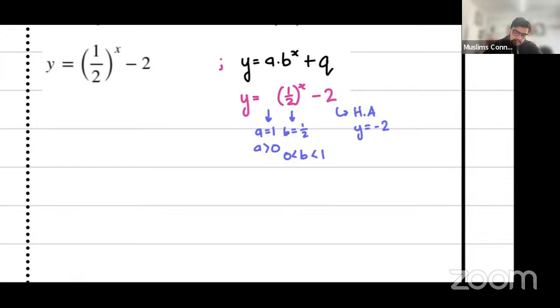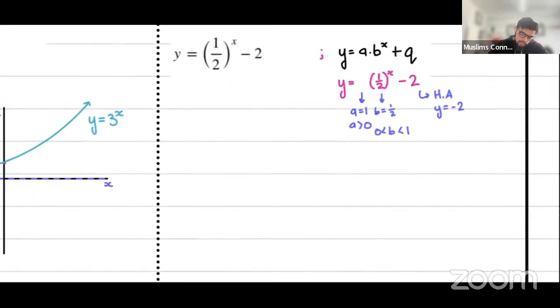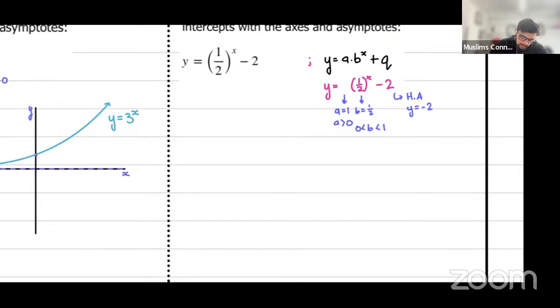Let's determine the intercepts. X-intercept. So 0 is equal to a half to the power of x minus 2. 2 is equal to a half to the power of x. We need to write 2 with the base of a half. I believe it's 2 to the negative 1.